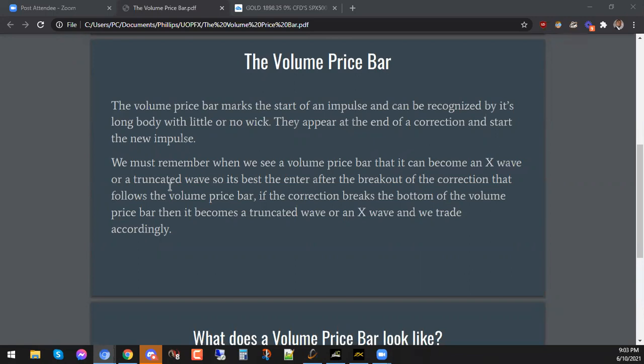Now, we must remember that when we see a volume price bar, it can become an X wave. How many of you know what an X wave is? Give me a Y this time if you know what an X wave is, or give me an X. That's better.